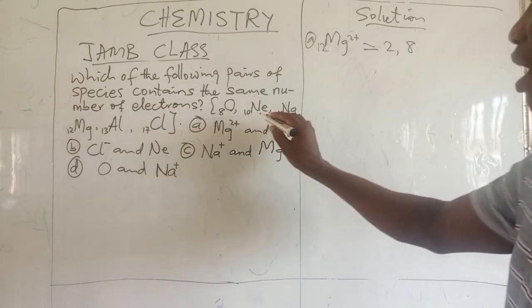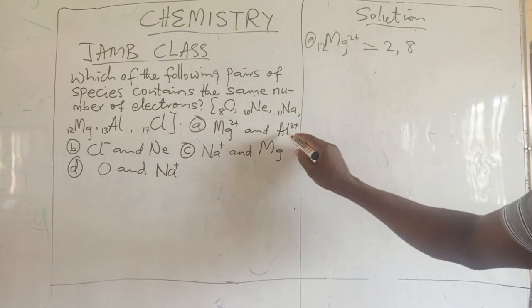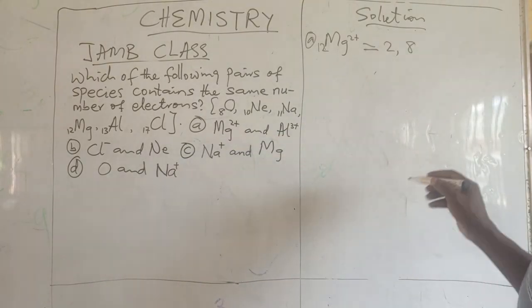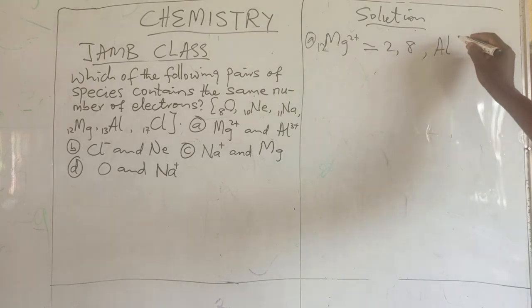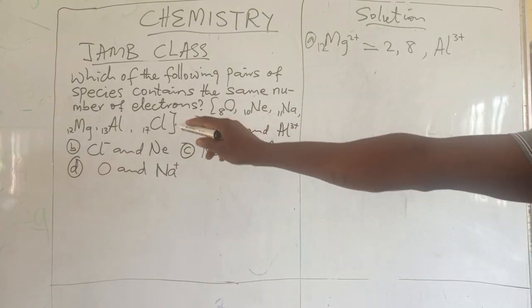The next, on that same A, they said aluminium 3 plus. If you check there, aluminium, they said atomic number is 13.